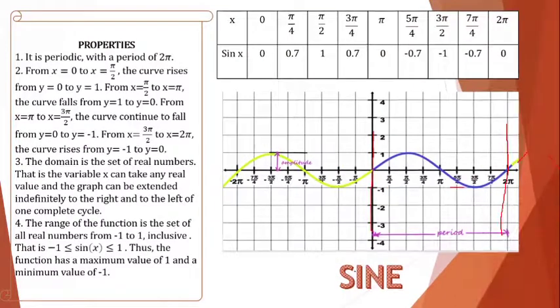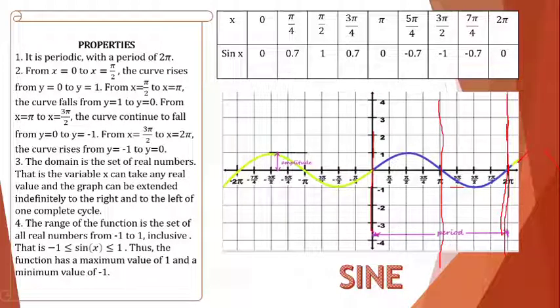Halimbawa, dito. Mula dito hanggang dito. Tama ba? Pansinin nyo, yung may kaparehas sa 0 at ito lang na may kaparehas na 0, the same value, to find the reciprocal graph of it.